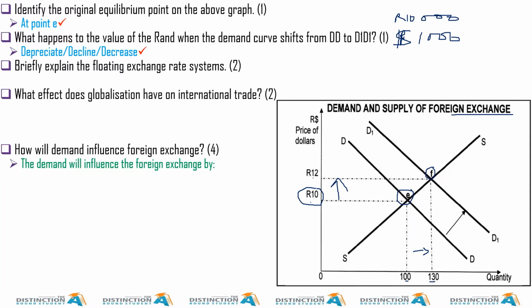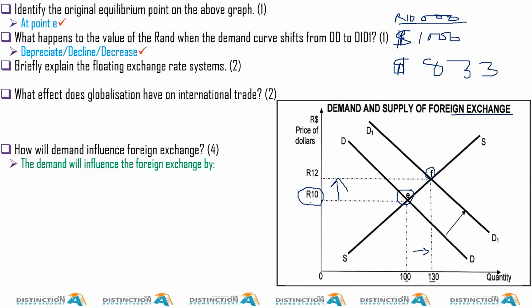Now, if your salary remains the same and the exchange rate changes to 1:12, what's going to happen there is that you're still earning 10,000, but now the exchange rate has changed. So now your salary is $833.